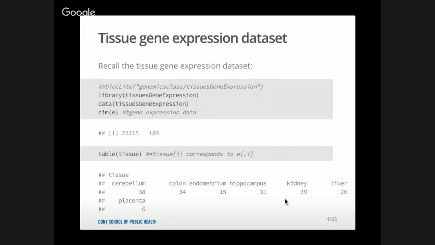Let's recall this tissue expression data set that comes from the website of this class. It had 22,000 rows, corresponding to probe sets for genes on a microarray, and 189 columns for samples. Just as a note, the textbook uses microarray examples. In your projects, you have an RNA-seq example.